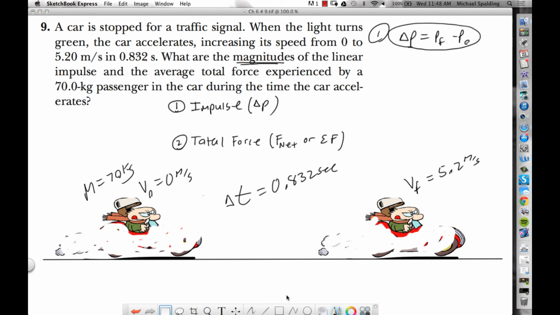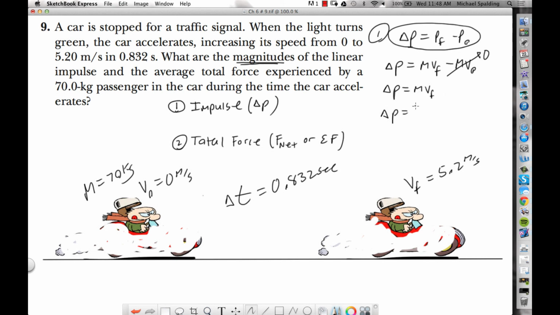Okay, so using the first equation, the impulse, which is change of momentum, momentum final is going to be m v final, momentum initial is m v initial. What's the initial velocity? 0. There is no initial momentum, so the change of momentum is going to be the final momentum.